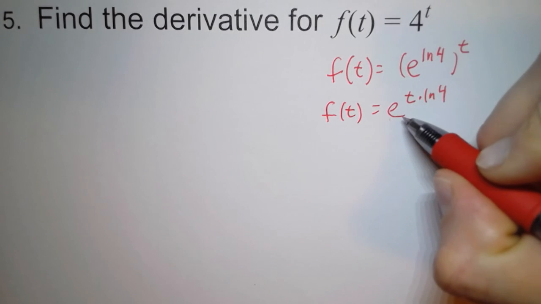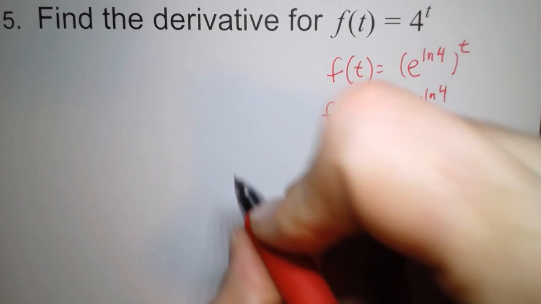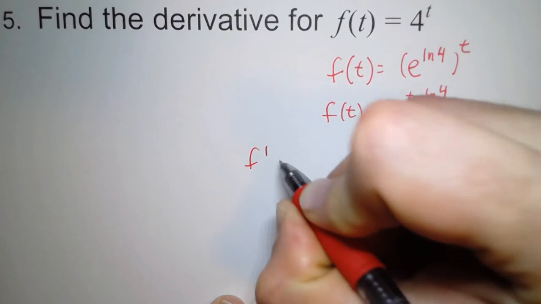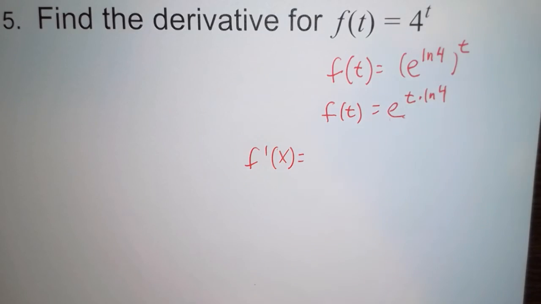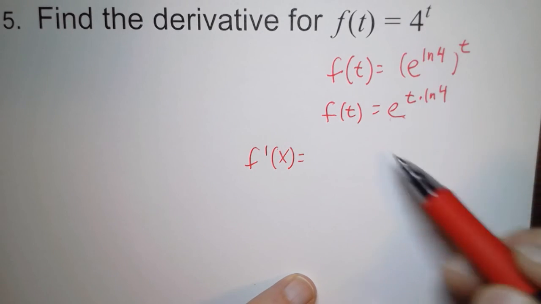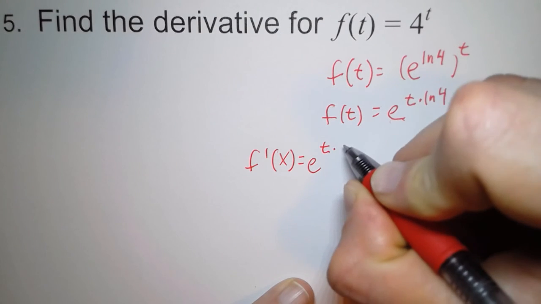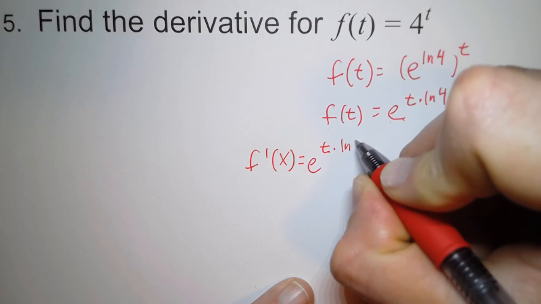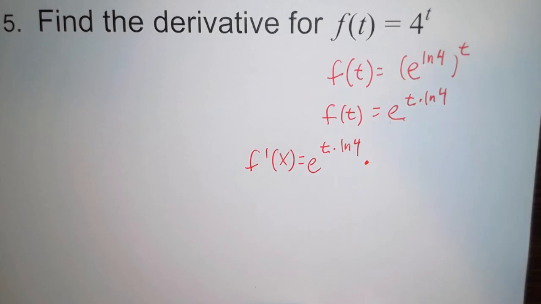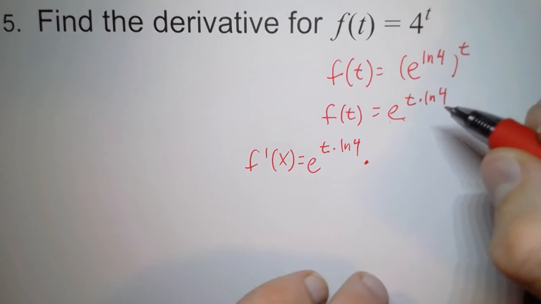Now we have e as our base, which means now we can find the derivative, f prime of x. So the derivative is just that, e to the t times ln of 4 times, well, now it's chain rule.